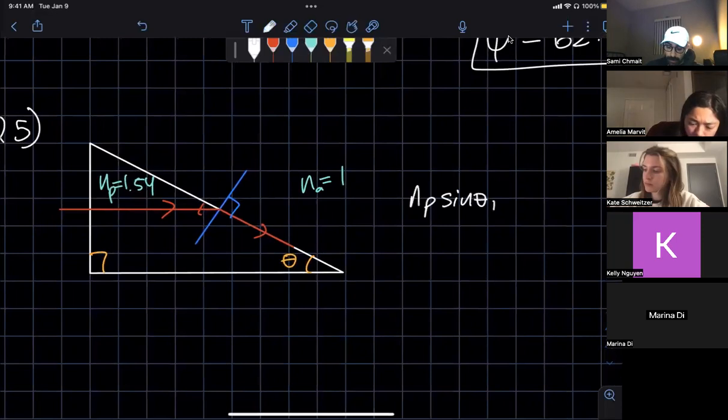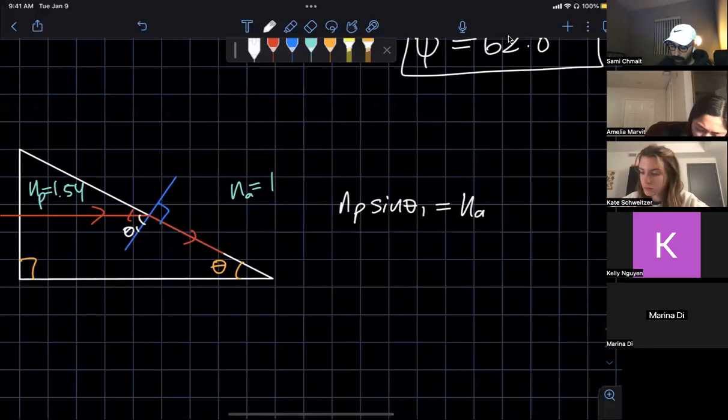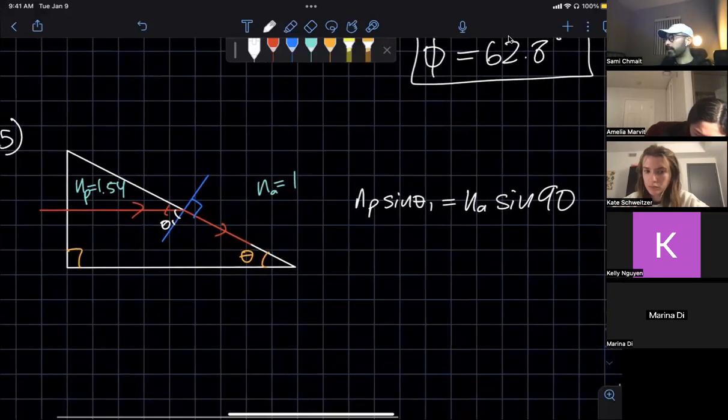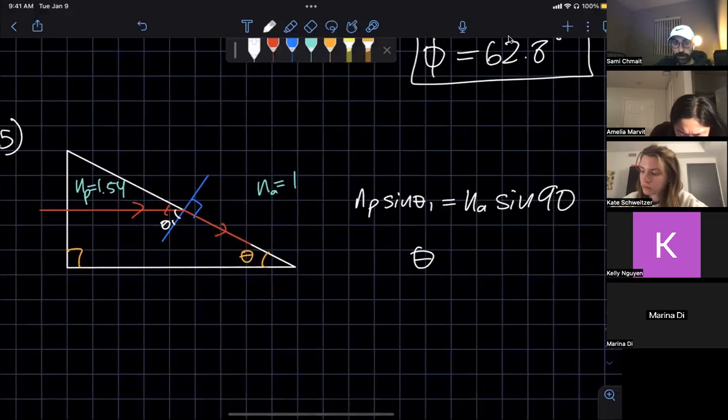Again, that's going to be the angle touching the normal right here, is equal to n air sine, and what do we plug in? 90, because we have a case such that there is an internal reflection when the light ray hits that hypotenuse there. So work this out, you'll solve theta 1 is equal to 40.5.